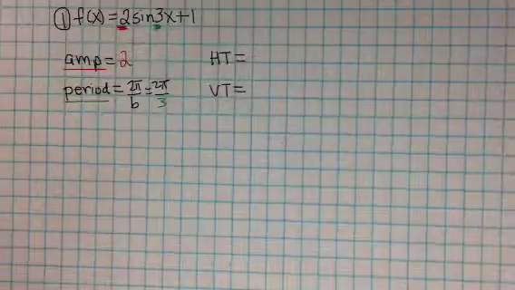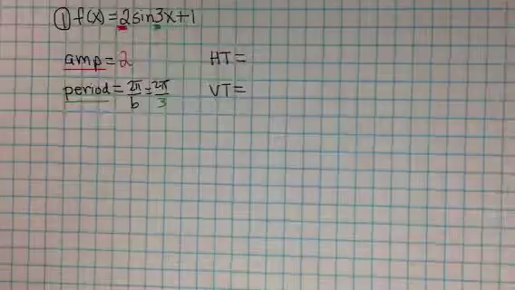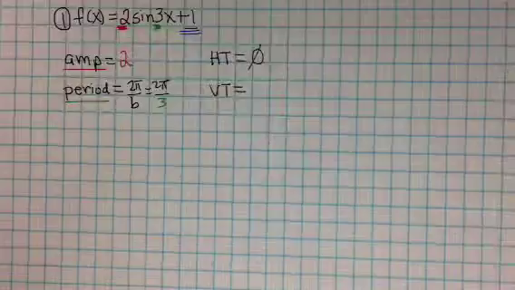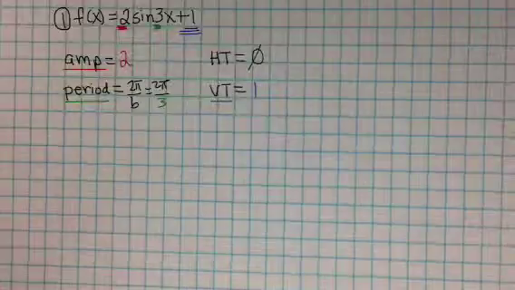But there's none here because I don't see any parentheses. So for this one we just have 0 or none. And then vertical translation, we find that number right here. So that one is 1. So this graph is translated up 1 unit.